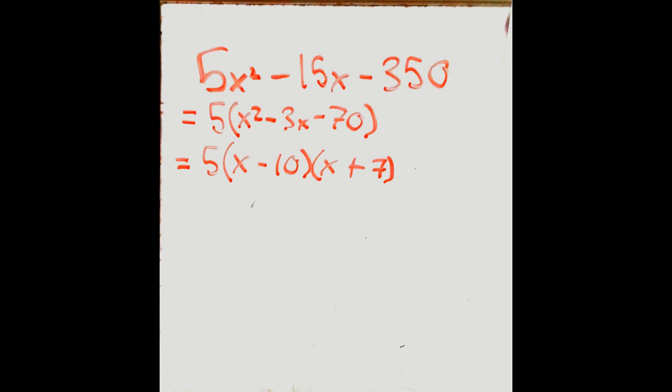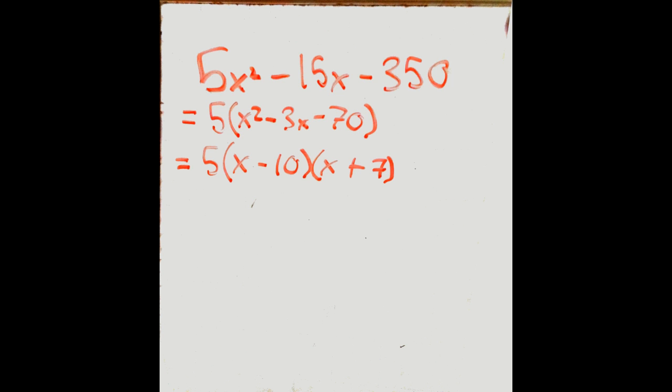The first step to solve this expression is the greatest common factor. You have to find the greatest common factor between all three numbers and then separate the greatest common factor from the rest of the factors. To find it, you have to find a number that can divide all three.